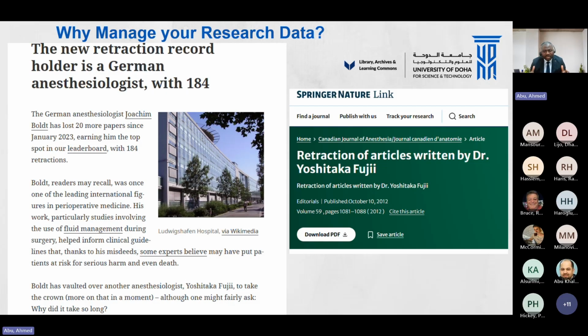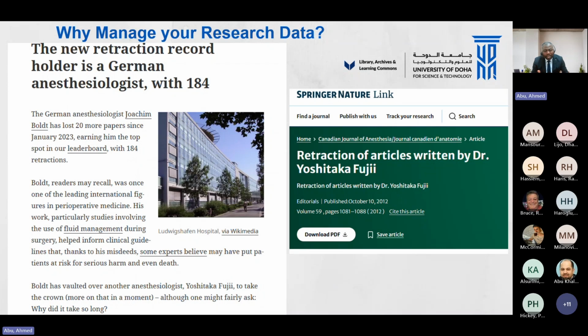The committee always discovered that they falsified data, and even the data that was there was not complete enough to draw some conclusions. So what I'm saying in essence is this: for these two guys, if they had a data management plan, it would have been much better for them.